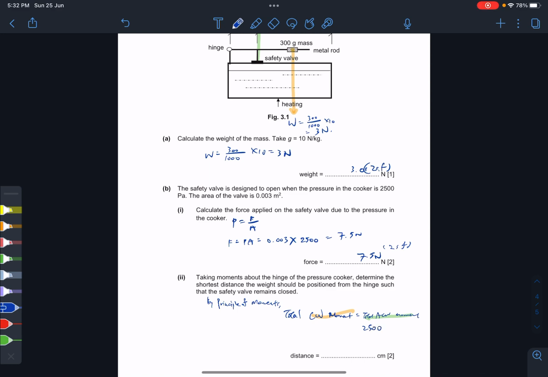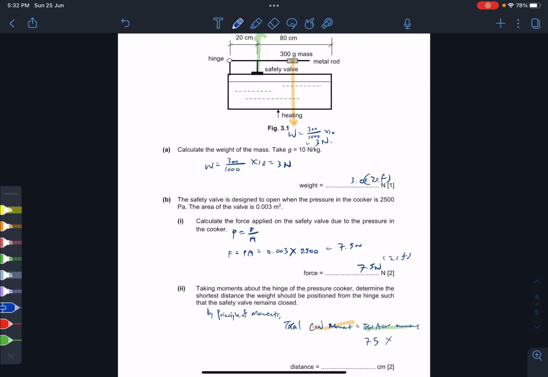Okay, so you have your, is it 2,500? No, that's pressure. So the force is 7.5, which we have calculated earlier on. This one times the perpendicular distance, which is, do we know the perpendicular distance?